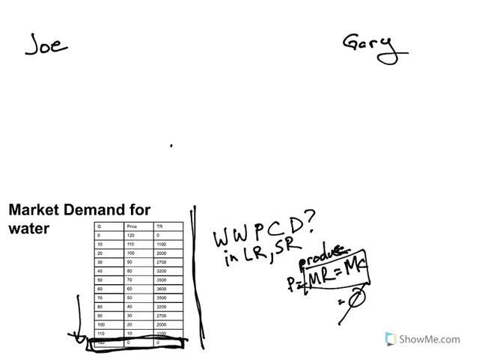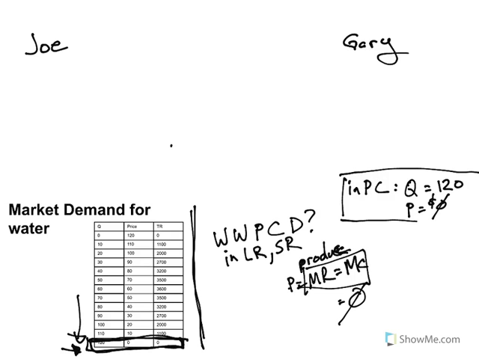If somebody tried to sell it for even 1 penny, you'd go to the person selling it for less. So the price gets driven down to zero. This becomes our perfectly competitive outcome: quantity is equal to 120, price is equal to 0.